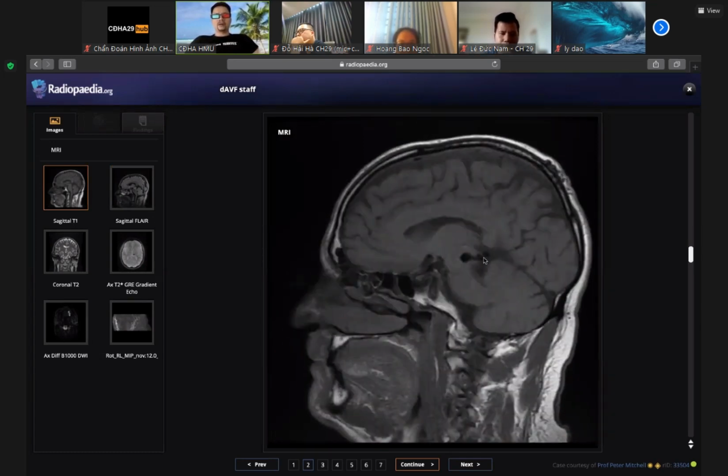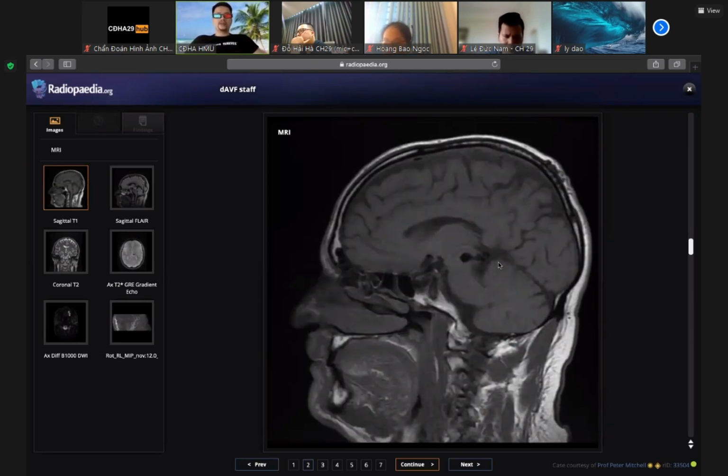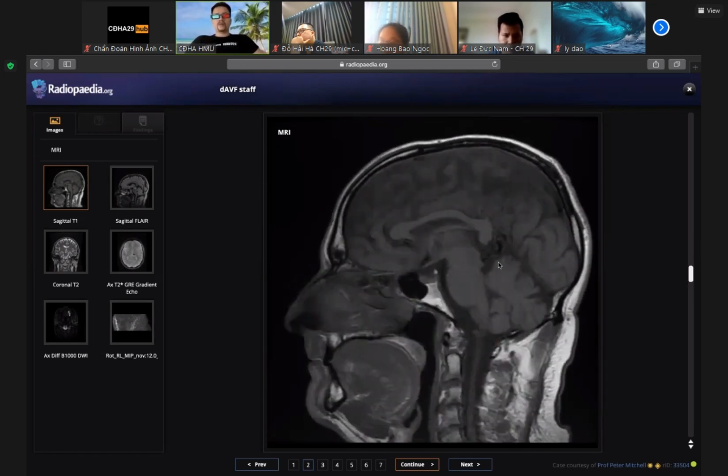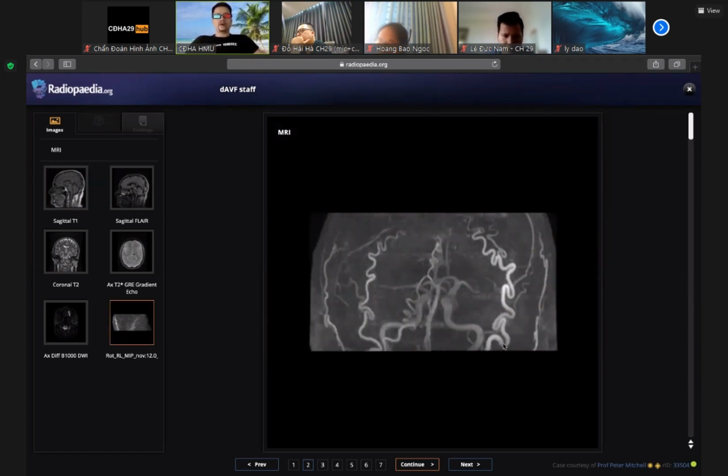We just have the suspicion of arteriovenous malformation, for example, a vessel malformation. And moreover, on the top, we can see abnormal dilated arterial branches from the bilateral ECA.